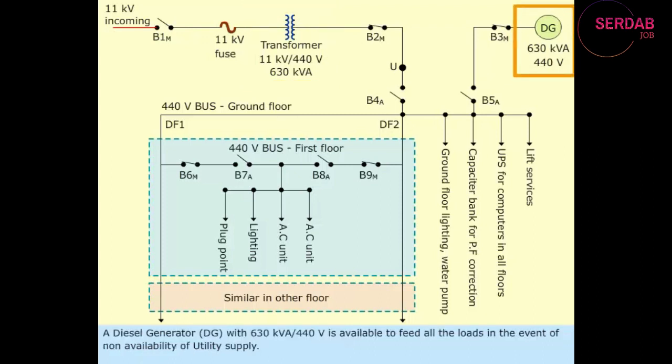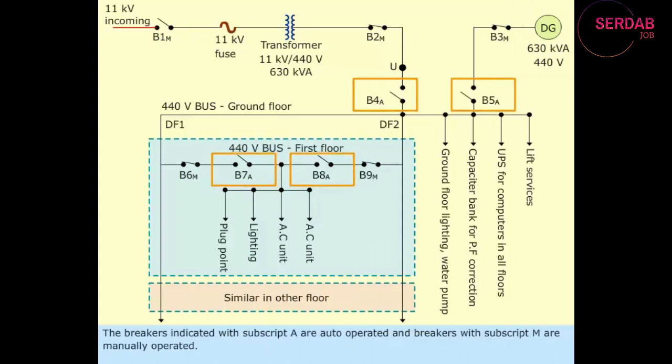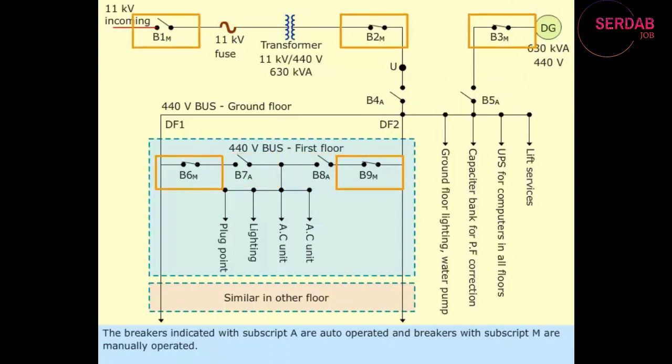A diesel generator, DG, with 630 kilovolt amps, 440 volts, is available to feed all the loads in the event of non-availability of utility supply. The breakers indicated with subscript A are auto-operated, and breakers with subscript M are manually operated.